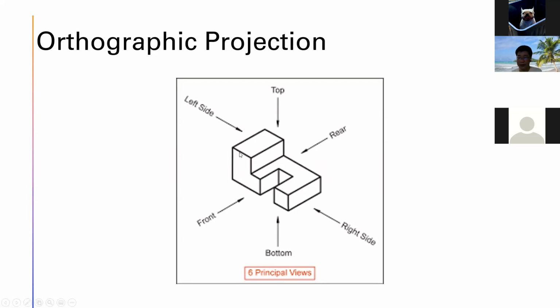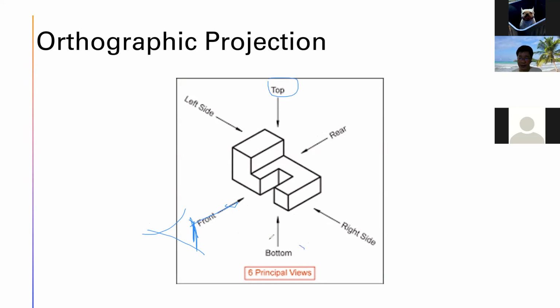Okay, what are the principal views? The principal views are the quite common ones. If your eye is here, the thing that you can see in front will be called front view. The thing in the back we'll call rear view. The one on top, of course, is called top view.